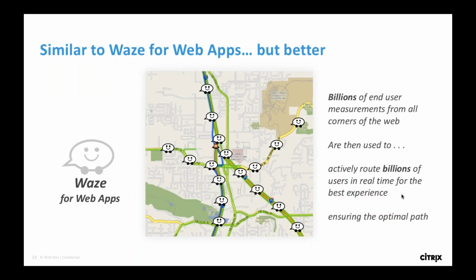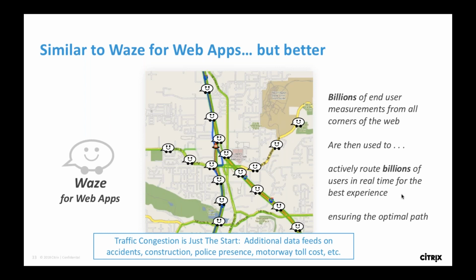So before we conclude, let's go back to this Waze analogy. Cedexis, before it was acquired by Citrix, was basically using real user data to reach the best endpoint through the best route. But as we saw, it can be much more than that.